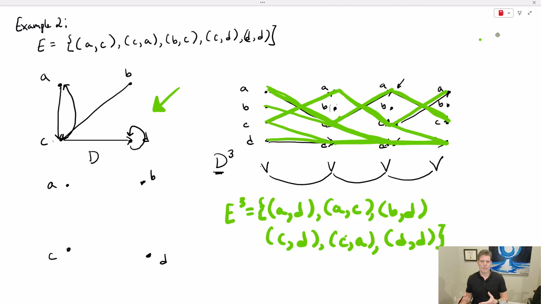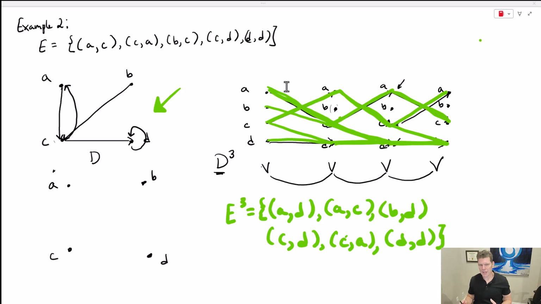What I want you to notice is that this can be kind of time consuming, it can be a bit confusing, and you have to be really careful as you do it because there's a lot of details going on in here. If you're not careful, if you're drawing these by hand, it can cause some problems and issues. That's also one of the reasons why matrix multiplication as a representation for graph powers is so handy, and why it'll be a great thing for us to learn.